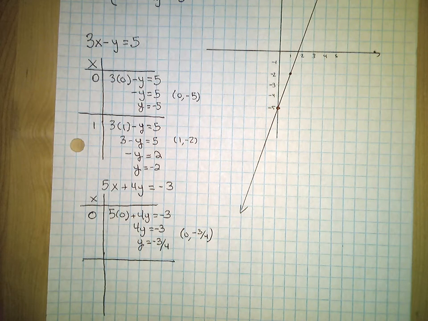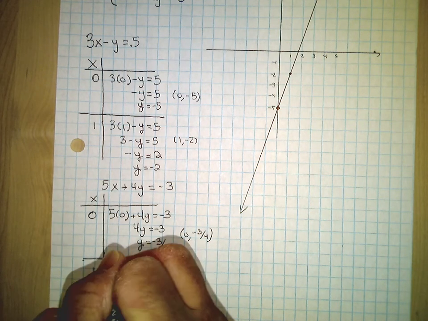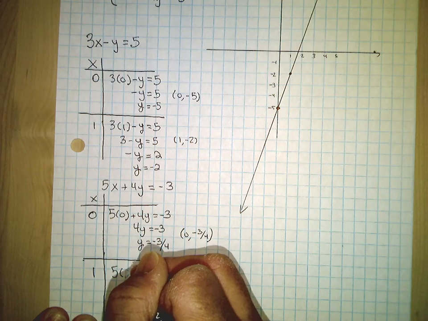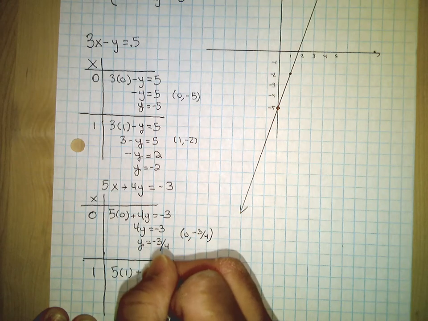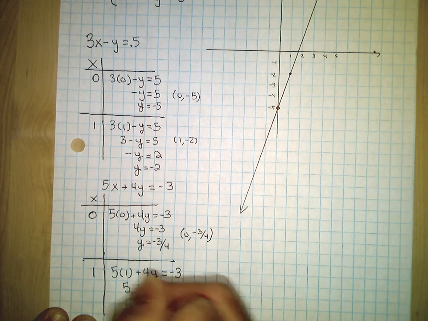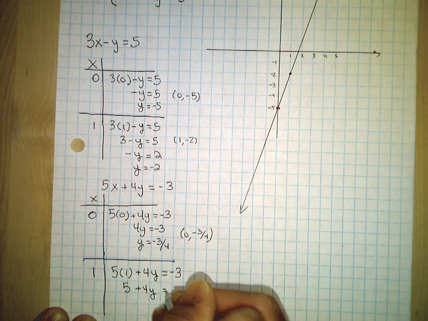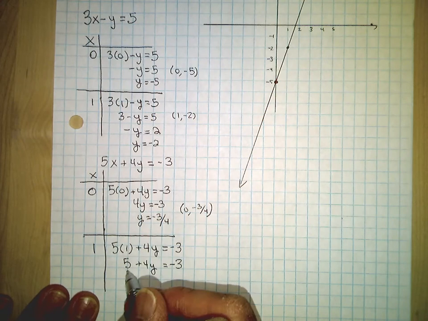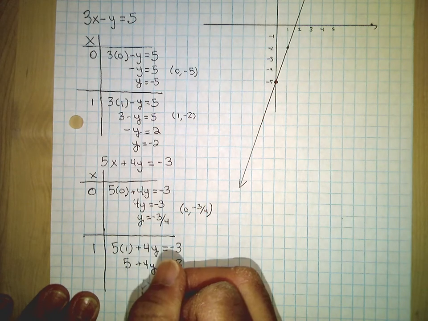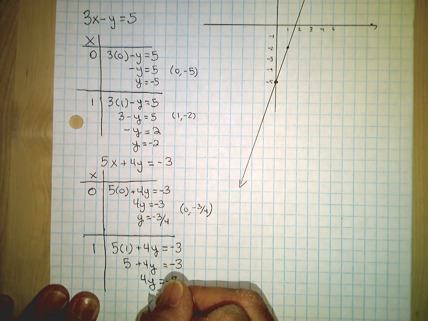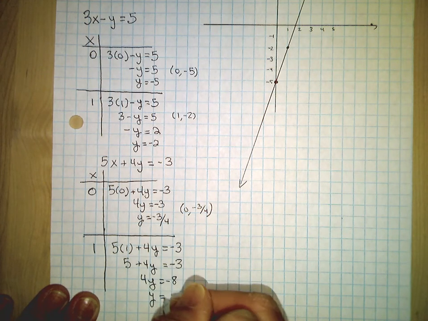So let's say I pick 1, all right? So 5 times 1 plus 4 times y is negative 3. 5 plus 4y is negative 3. Subtract the 5 to get 4y is negative 8, and divide by 4 to get y is negative 2.